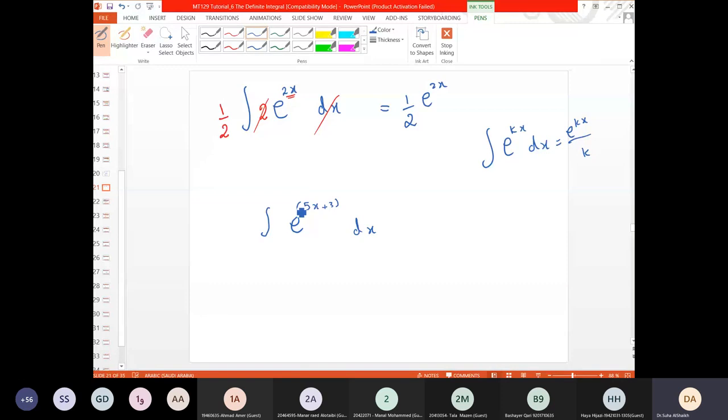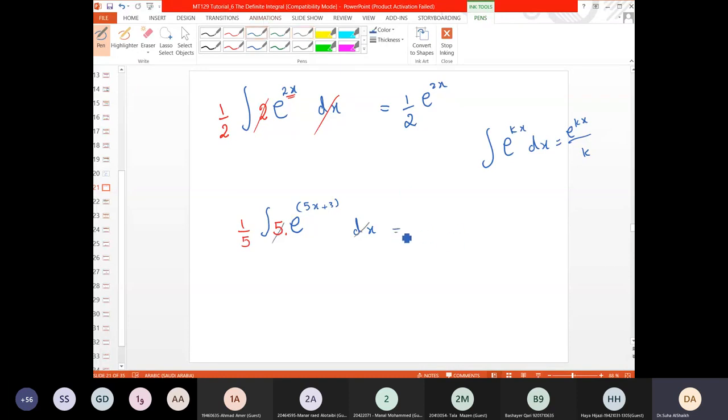So I check the derivative of 5x plus 3. The derivative is 5. I multiply by 5 outside, and 1/5 as well, so that they balance each other. So the 5, as we said, goes with the dx. I multiplied by it because I need it with the dx.